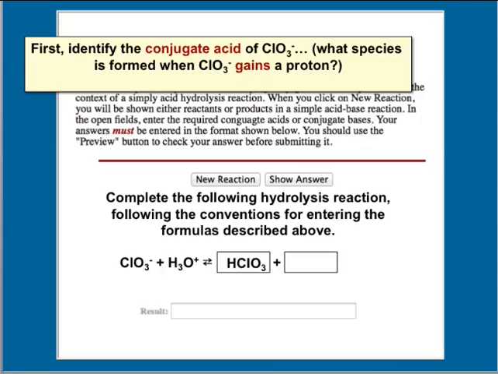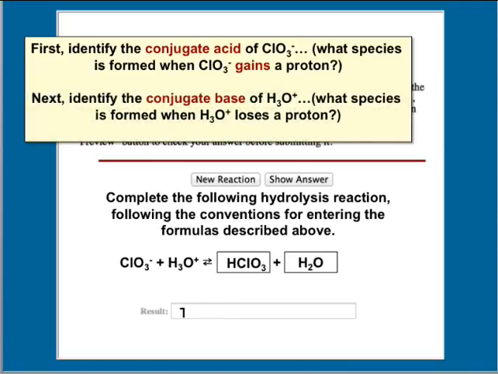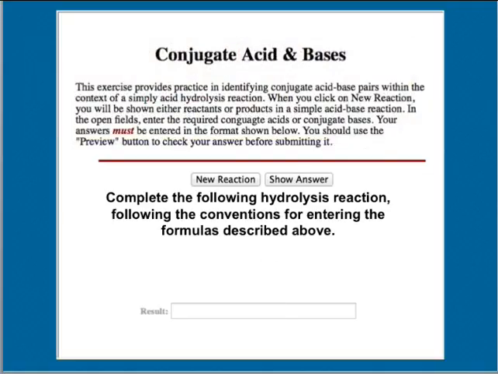This has to be HClO3. If we lose this proton here, what do we form? Water. That's it. Pretty simple, isn't it?